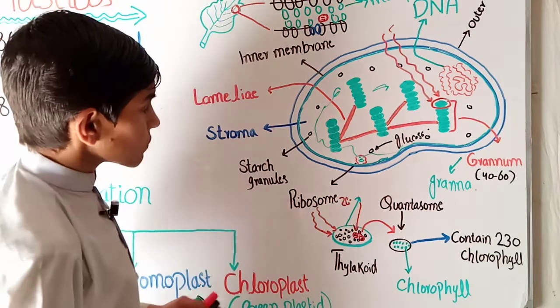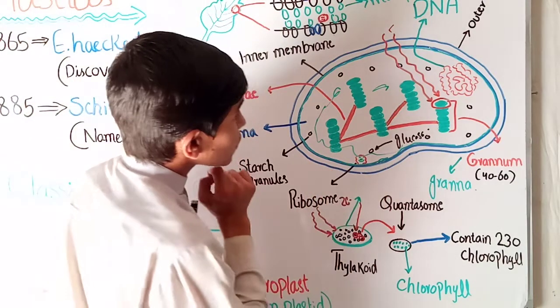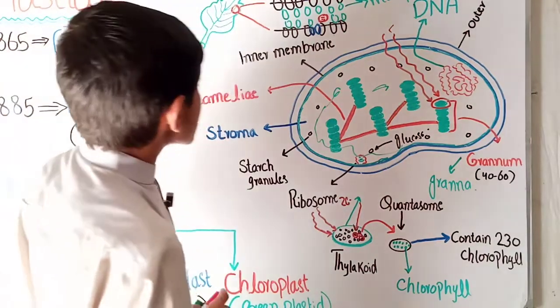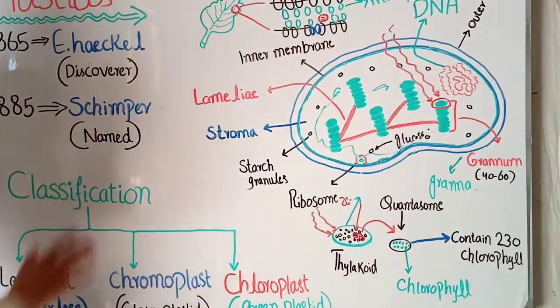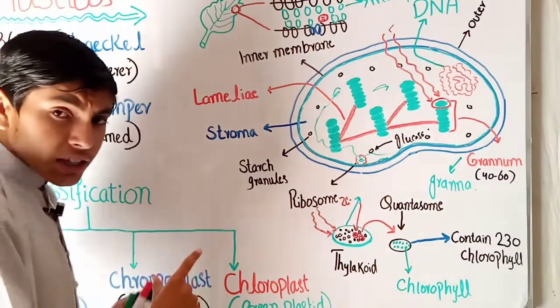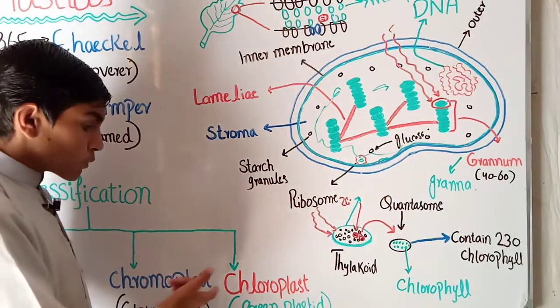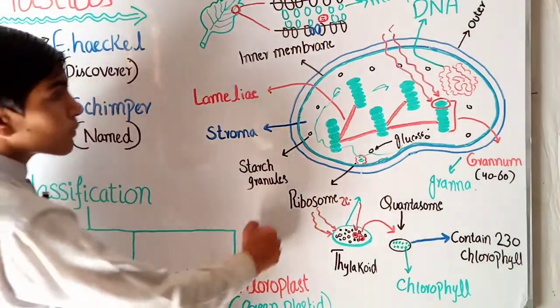Now this structure is called the ribosome. So we studied the plastids first, and plastids are of three types: the leucoplast, the chromoplast, and the chloroplast. And we studied the chloroplast.